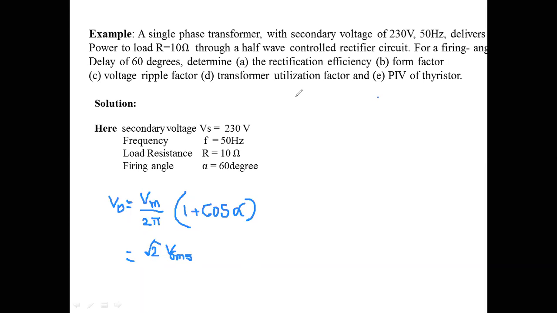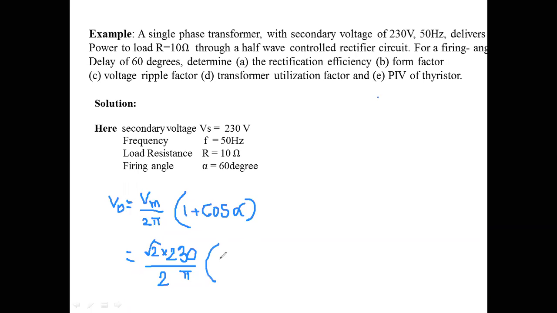Therefore, we have to multiply it here with root 2 into 230, root 2 by 230 into 2 pi, into cos alpha.